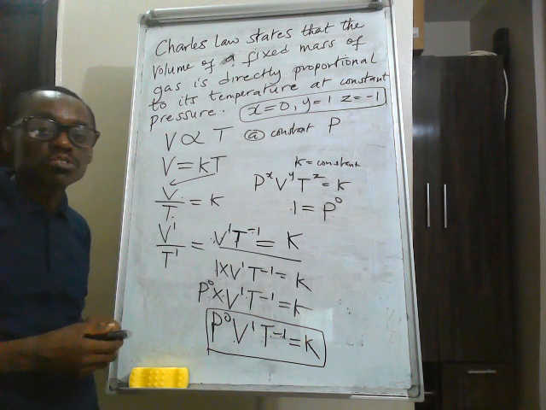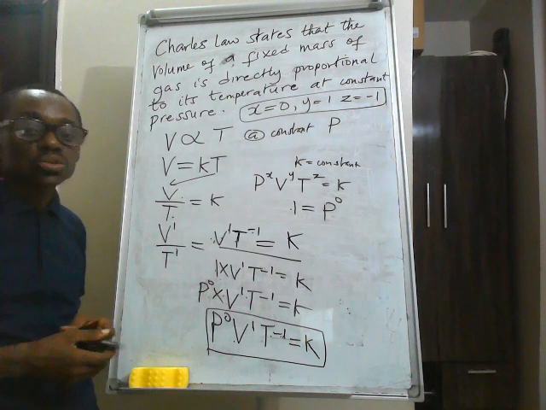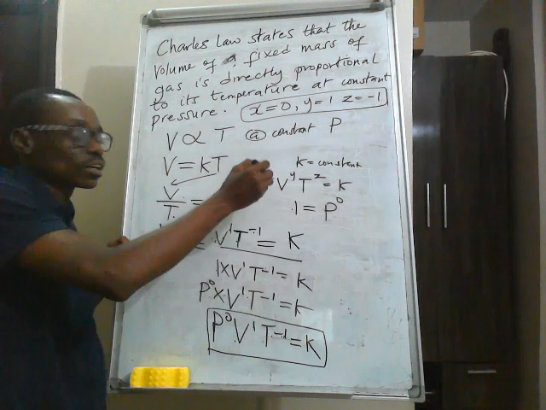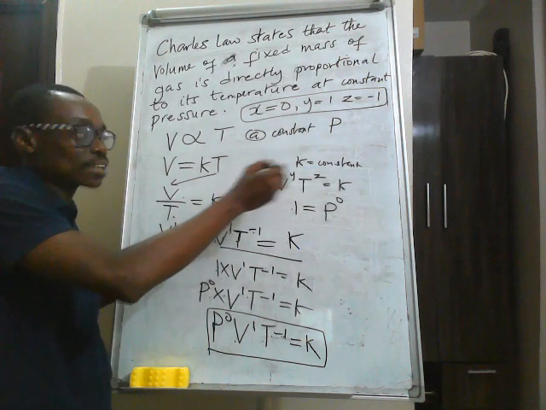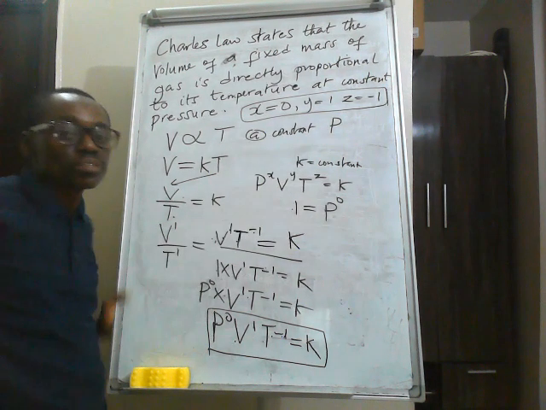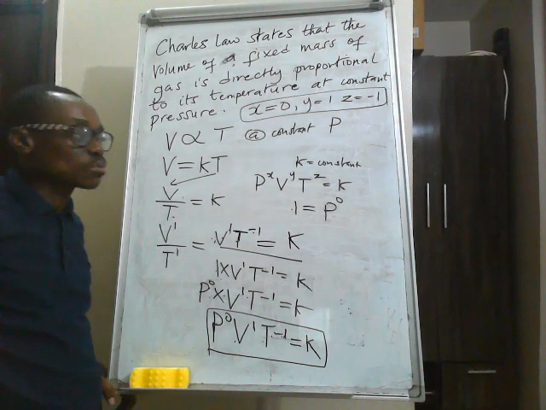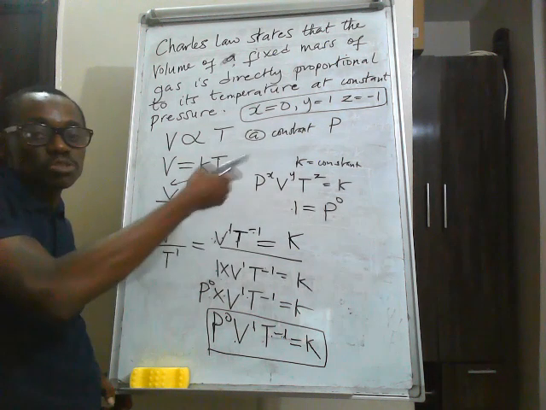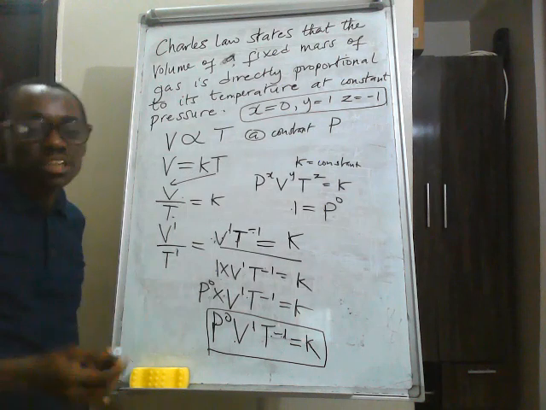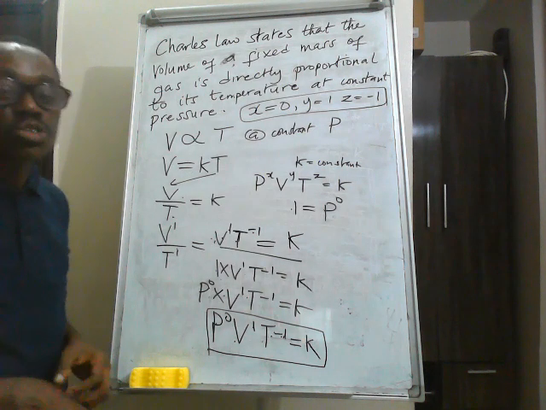So we're going to move to the next one right away, which is the pressure law. So what are the values of x, y, z for this general gas equation to become the pressure law? Just like before, it's going to be between 0, 1, minus 1. So we're going to work that out, but you need to know the pressure law. So what is the pressure law?